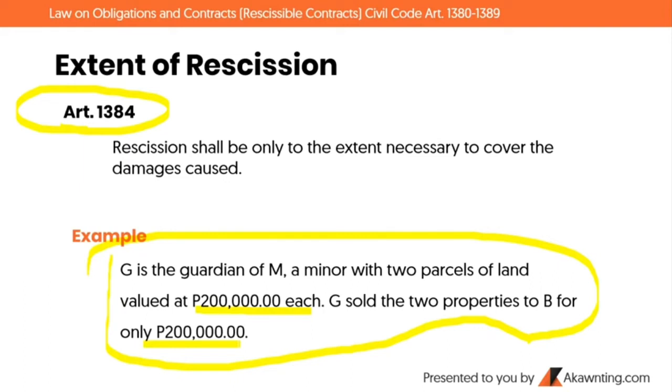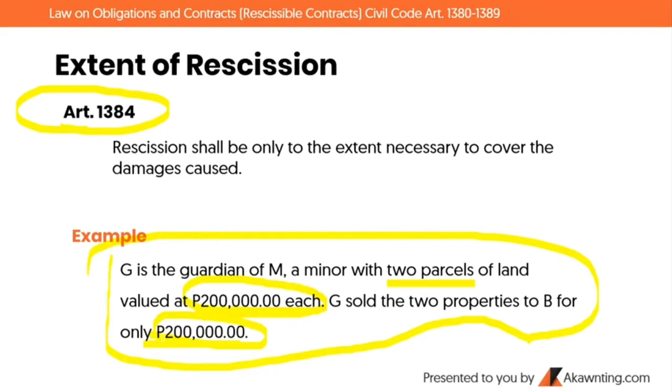as you will notice, this contract is rescissible, just as I explained earlier. Supposedly, two parcels times 200,000 should have been 400,000, but he sold them for only 200,000. So in this case, one property is worth 200,000.